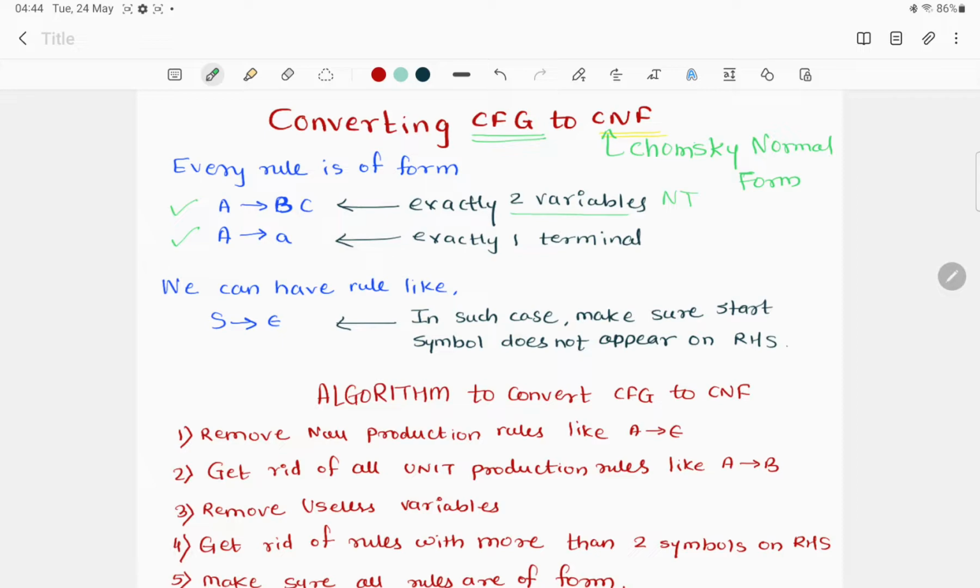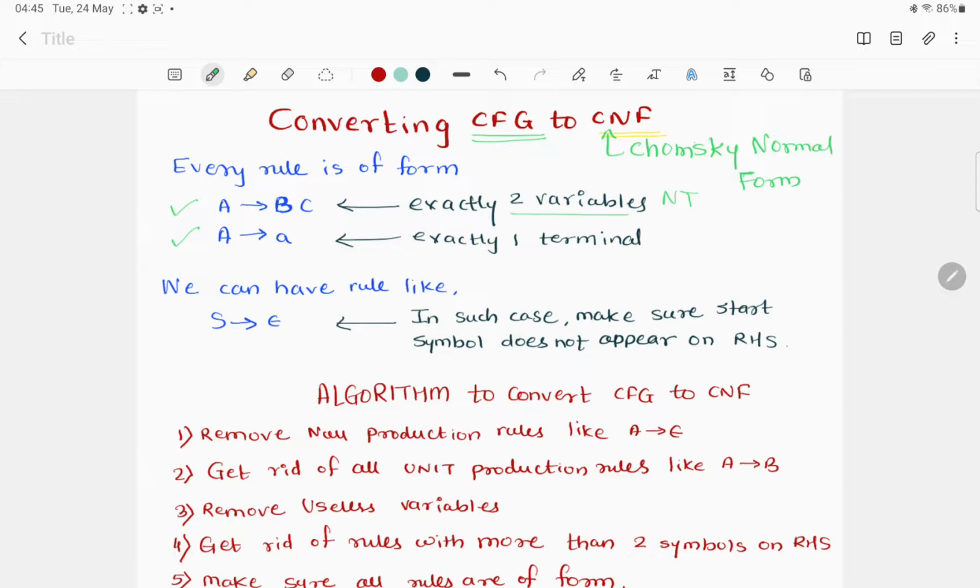And when I say A giving small a, the right hand side can have only a single terminal, only a small letter coming there. So this is what the rules should be of form. If my grammar has all the rules of this type, then I say my grammar is in Chomsky normal form.